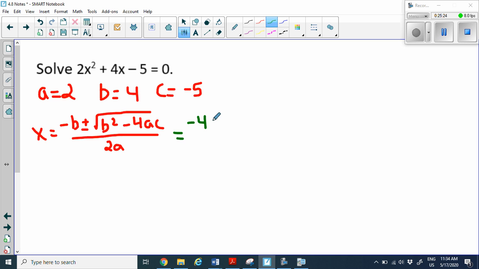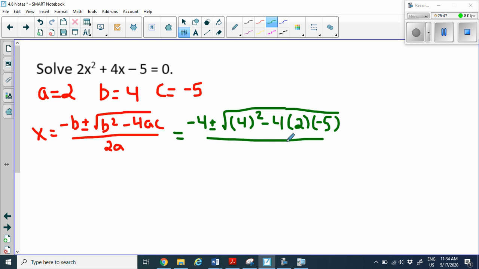So I have negative 4 plus minus the square root. Remember, I have to use parentheses. I do B squared, so 4 squared minus 4 times our A value, which is 2, times our C value, which is negative 5. And then that's all going to be over 2 times our A.